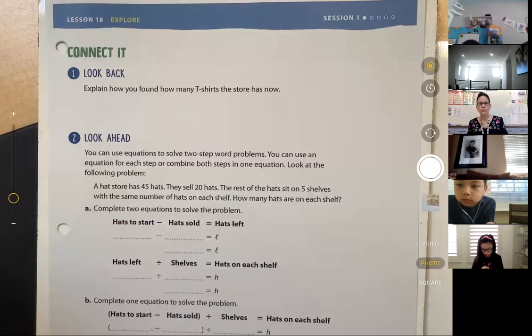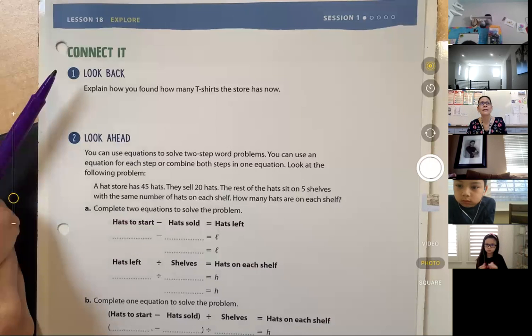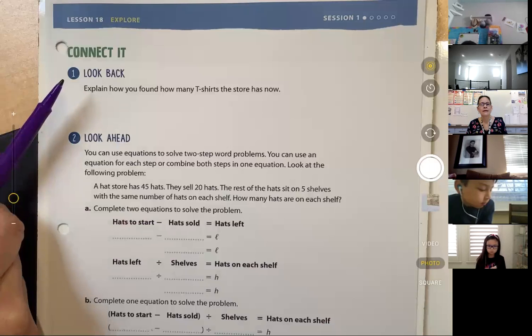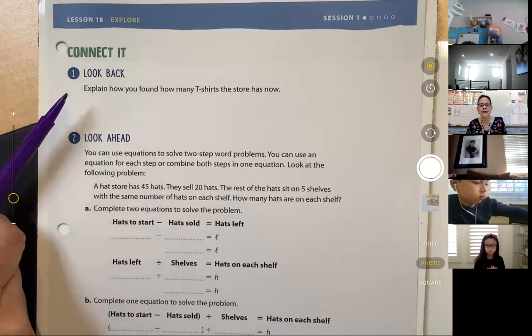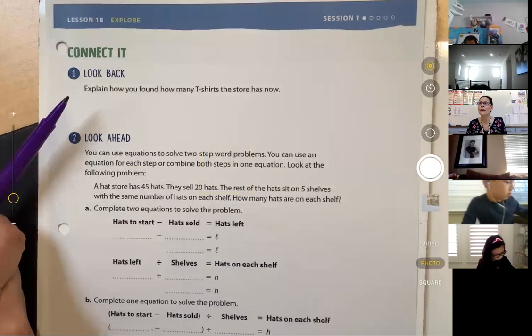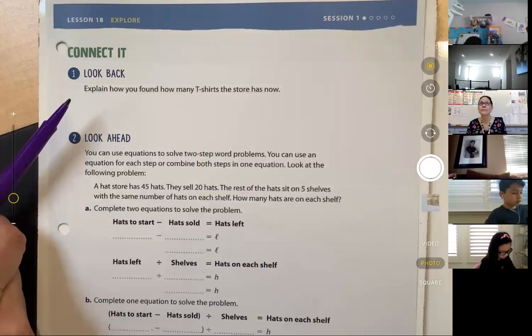So on page 388, where it says connected here in green, we're going to kind of reflect on what we've done. It says to explain how you found how many t-shirts the store has now.